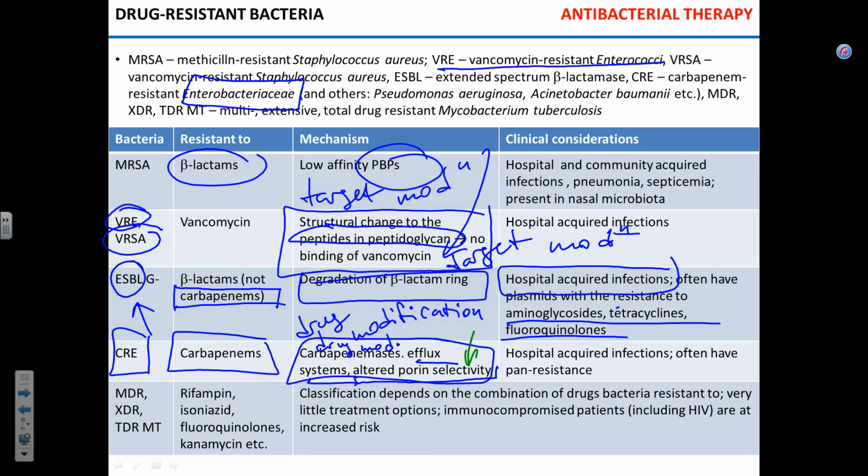Pore, and it's like a hole, so what it's likely to do? Let things in. So when porin selectivity is changed, it doesn't let the drugs in. So it's going to be inhibition of uptake. Does that make sense? Okay.